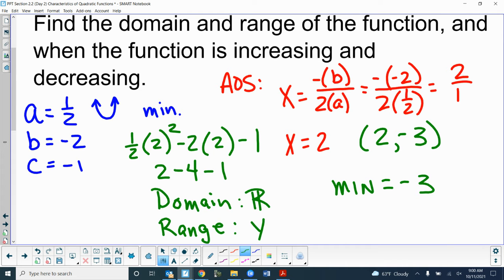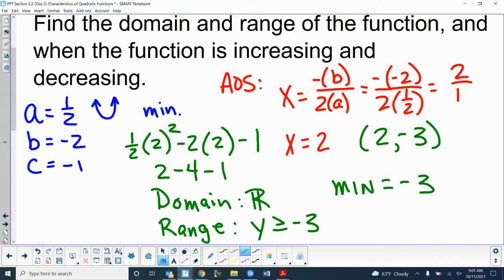Now, since it's a minimum, do I put greater than or equal to or less than or equal to? Greater than or equal to. And what value do we use for the range? That -3, that min value. You guys remember that? On the quiz we had on that, sometimes you guys would put the x value for that. It's the y value, remember, because that's what range represents, the y values, right?